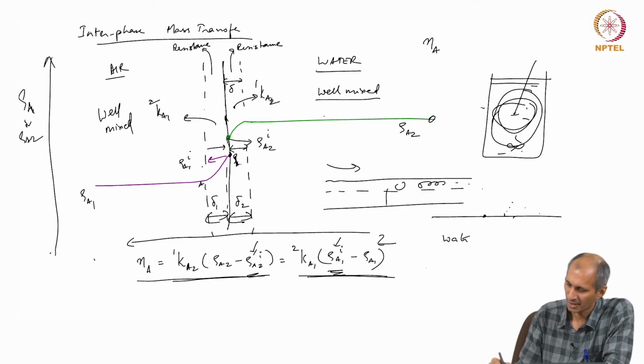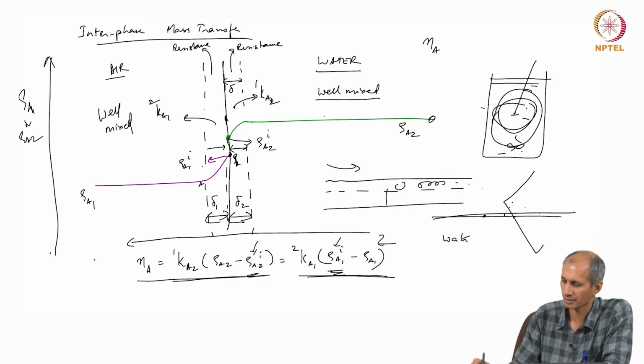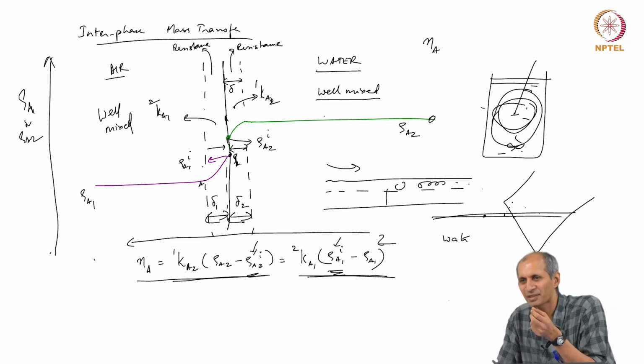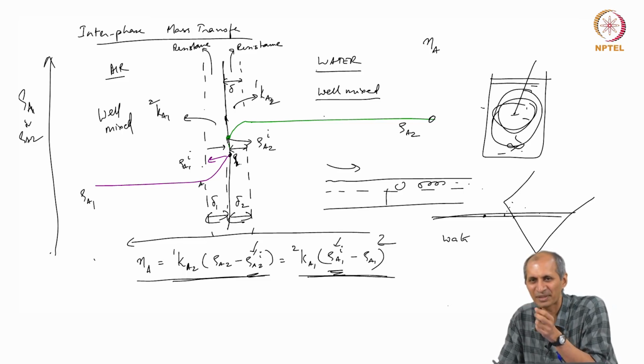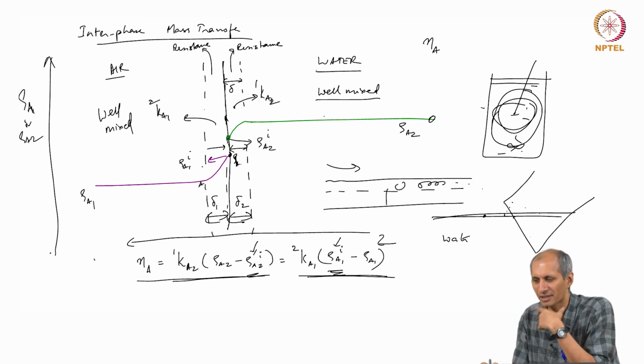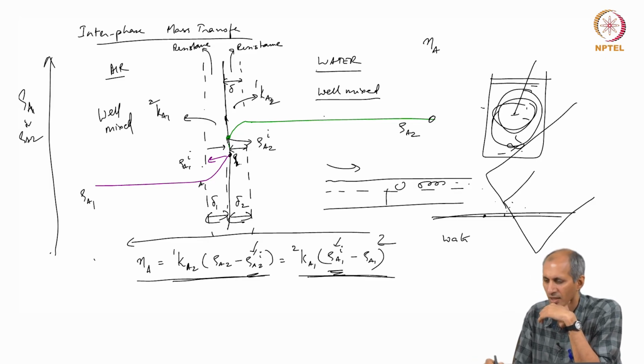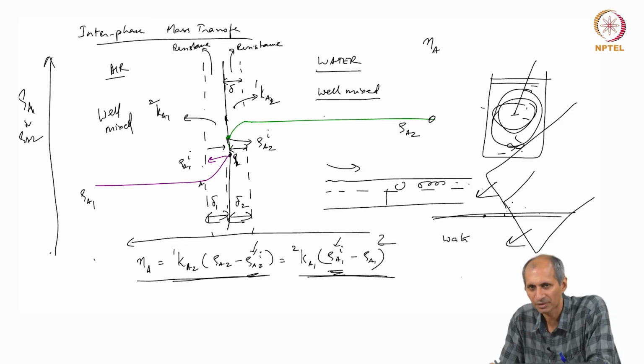If this is the interface, my probe looks like this. The smallest probe you can get is micron or nanometer thickness, which is not at all stable. Thermocouples and all that are thick wires, right. I am exaggerating, but the probe will probably look like this. However close I go, some of it is measuring the air temperature, some of it is measuring water temperature, I am not really sure. So, I can't rely on this.